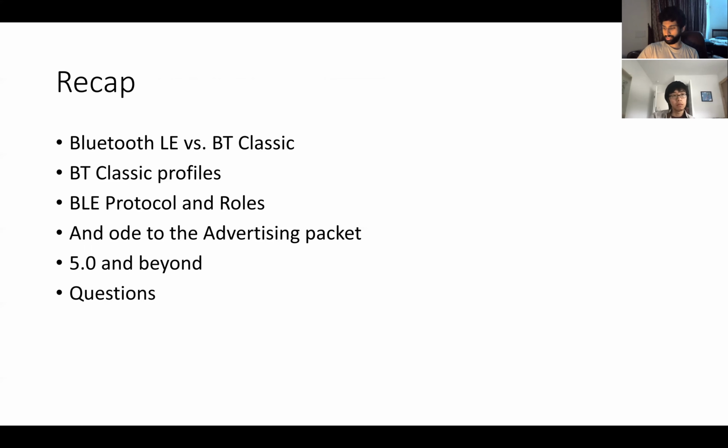One of the coolest things we could do with 5.0, and I think this is actually more recent than 5.0 because it took even more changes at the physical layer, is they can do hearing aids through Bluetooth Low Energy, which means you can have extremely power efficient devices that just sit in your ear for days.